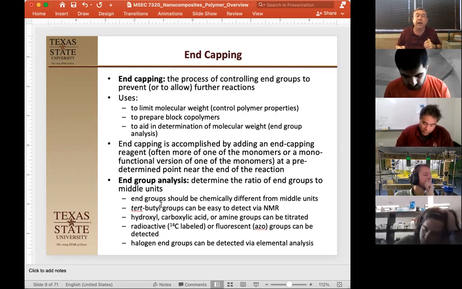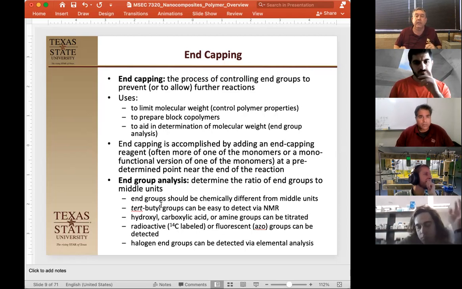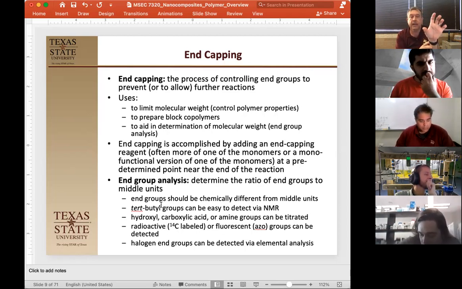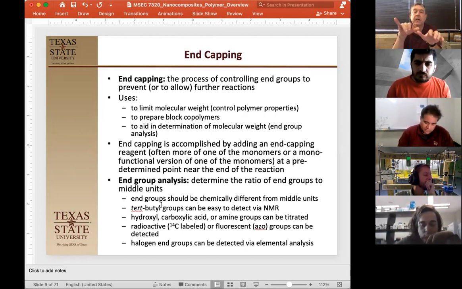But you can also add a monofunctional unit, and that will limit the molecular weight. So if, let's say, you're making a polymer and it has a diamine and a dicarboxylic acid, if you had perfect stoichiometry, this would create a 1,000,000 molecular weight because each of the functional groups would react and react and react.